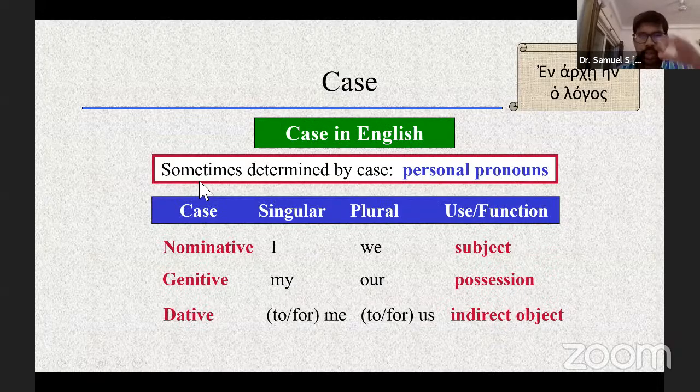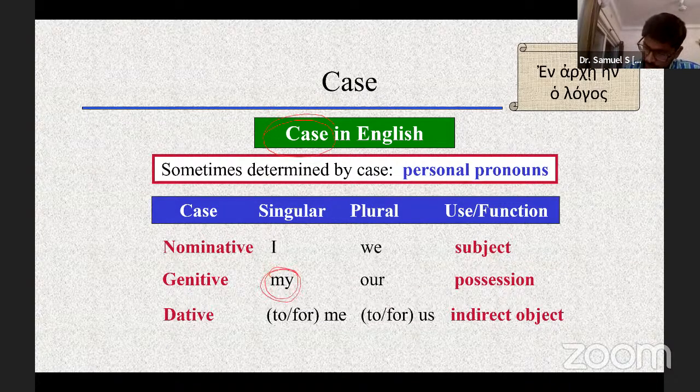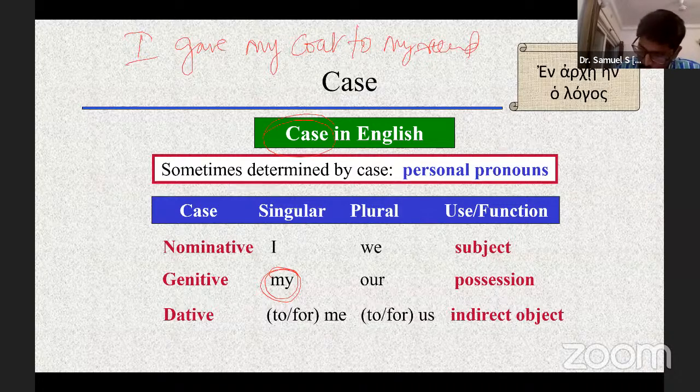So personal pronouns show the case, the function of a particular noun. For example, this word my, another personal pronoun. I can say, I gave my coat to my friend, right? My coat.